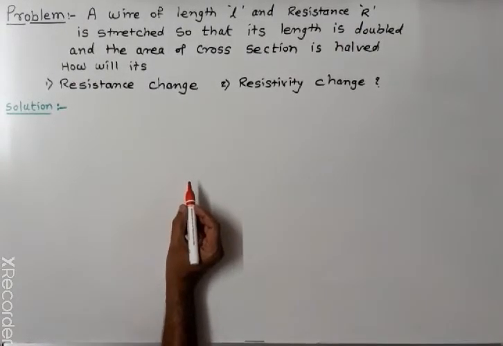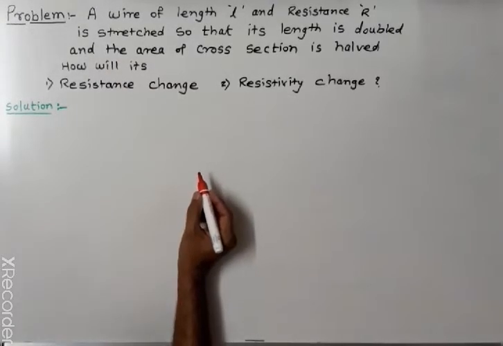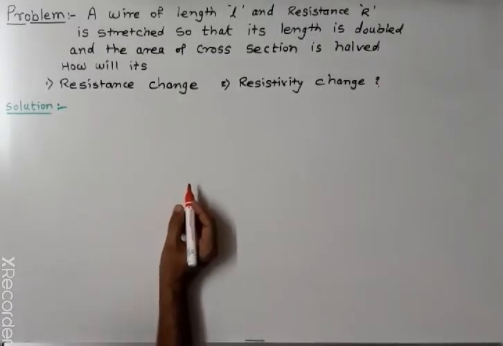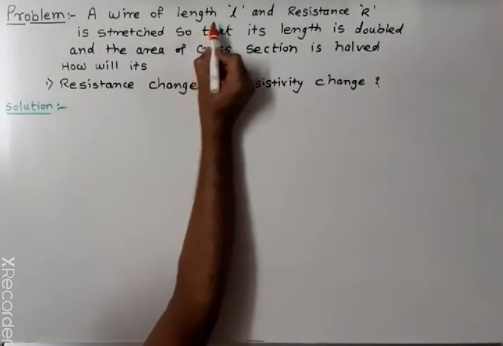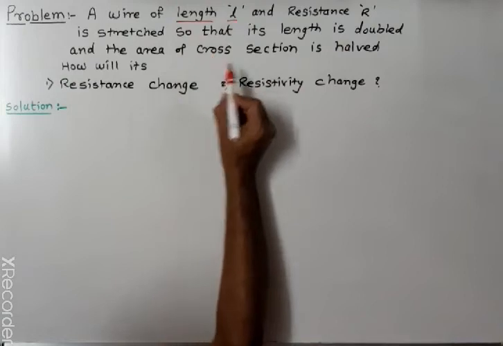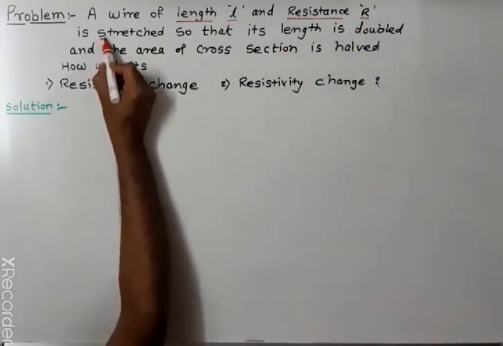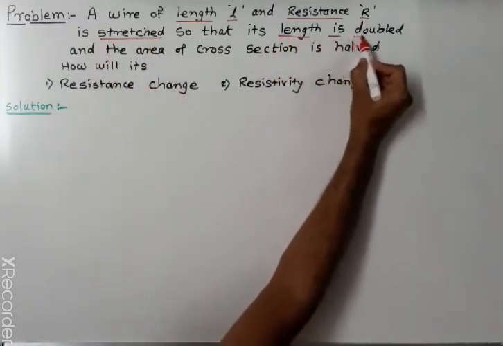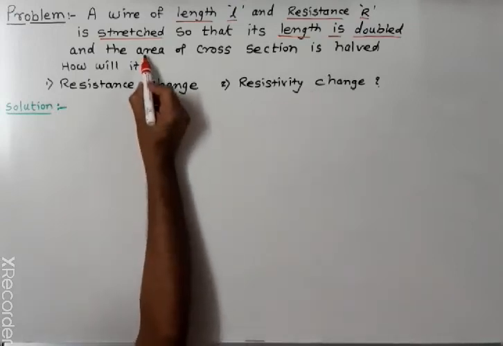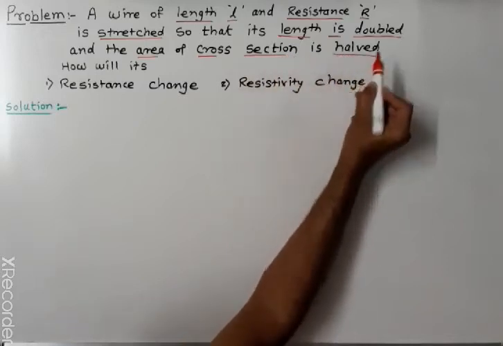Now we will discuss the problem which is based on resistance and resistivity. Students, in this problem, a wire of length L and resistance R is stretched so that its length is doubled, and the area of cross section is half.